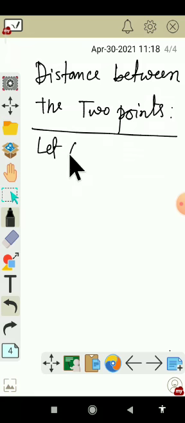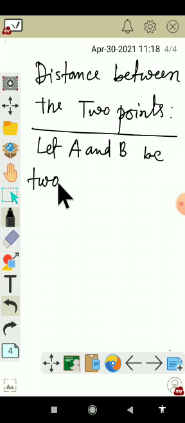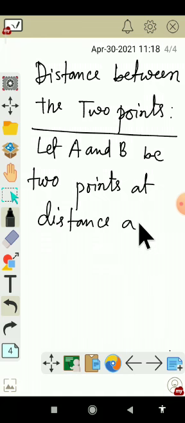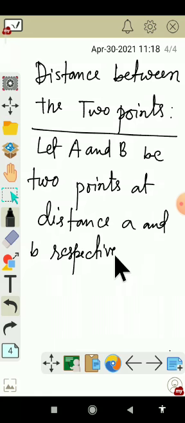Let A and B be 2 points at distances a and b respectively from the origin.